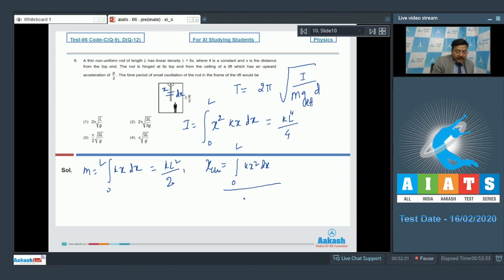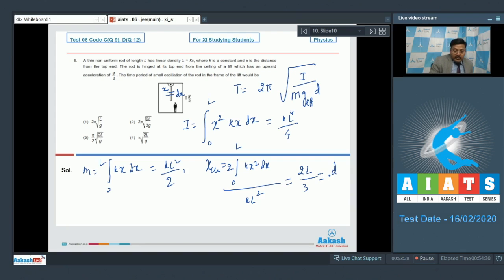The total mass we have already found, and that is kL square by 2. So let's simplify this now. k goes off, we have L cube by 3. A 2 will come here, and this will simplify to 2L by 3. That is x_cm, and this is also in fact d, the distance of the center of mass from the point of suspension.